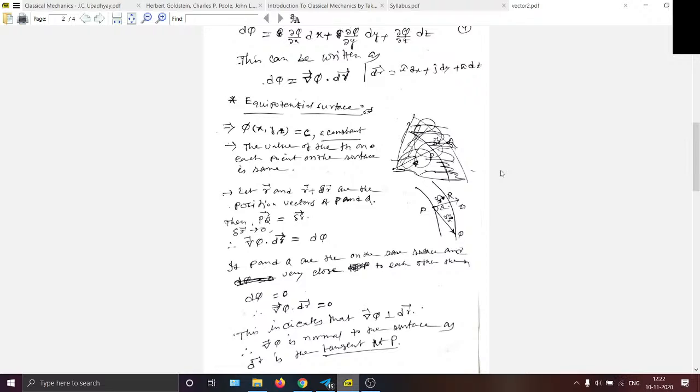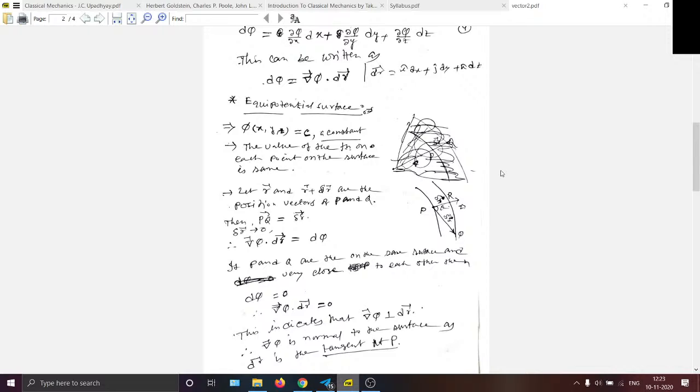So this is in general, and phi could be any potential or any scalar field.